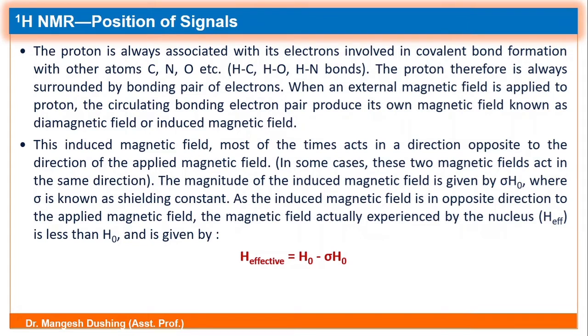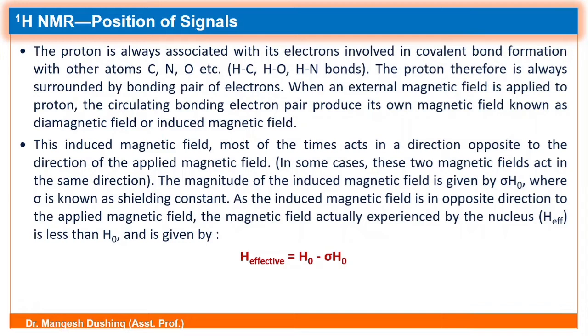So sigma is a small amount, a constant, the shielding constant for particular protons. H0 is the applied external magnetic field, a strong magnetic field given to the protons to excite them from the lower energy state to the higher energy state. But because of the opposite direction of the induced or diamagnetic field, a small amount of the magnetic field is compensated by the induced field produced by these revolving or spinning electrons.